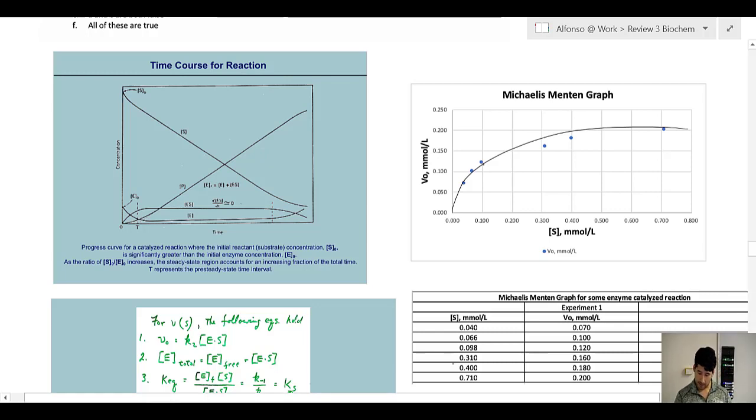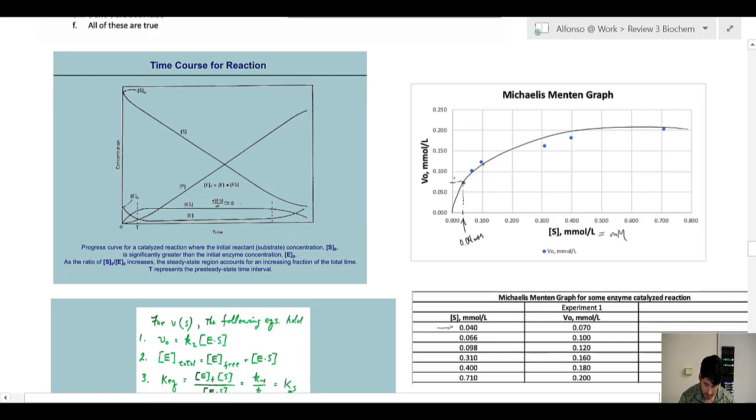And if you look right here at the bottom, where I have the data, look at the substrate concentration that we started off with: 0.04 millimolar. This is equivalent to millimoles per liter. So at this substrate concentration of 0.04 millimolar, look at the velocity.